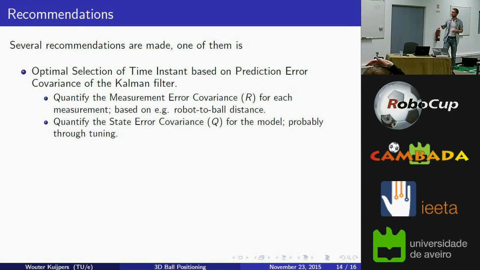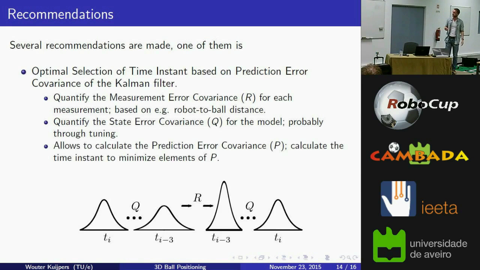Then the error covariance, I guess this one has to be determined through tuning, or we have to find some other way to determine the accuracy of this model. But combining these allows us to predict the prediction error covariance, the P.